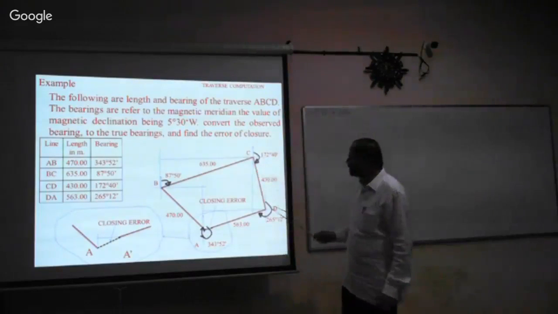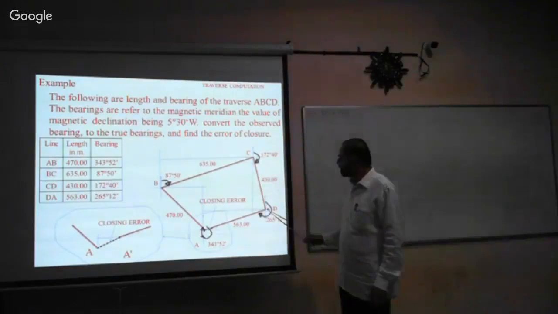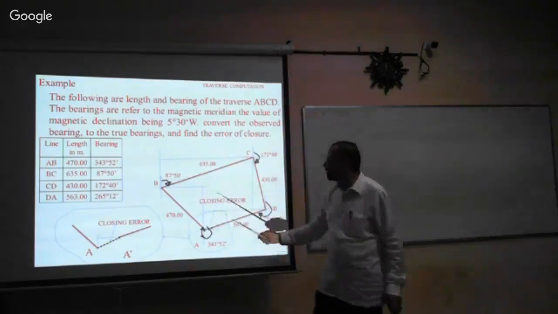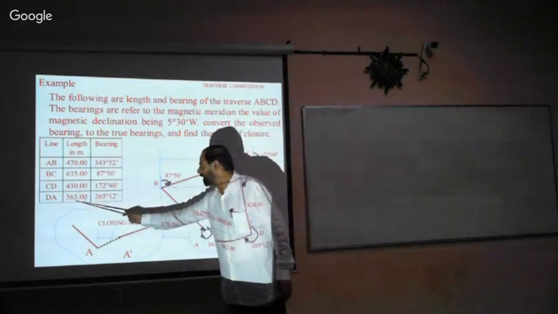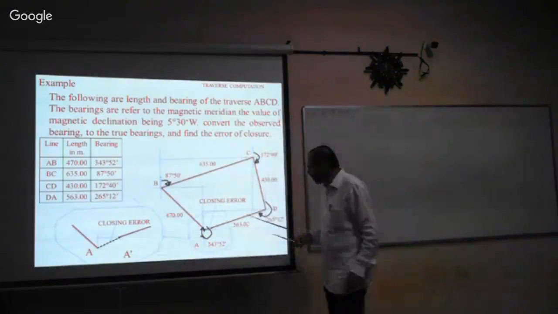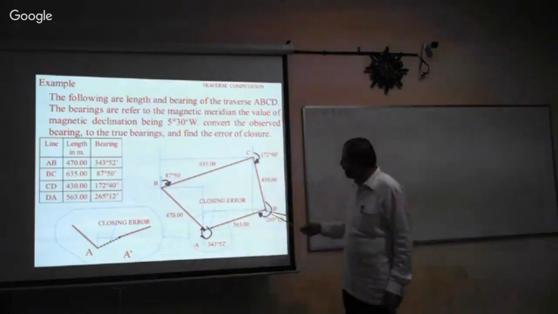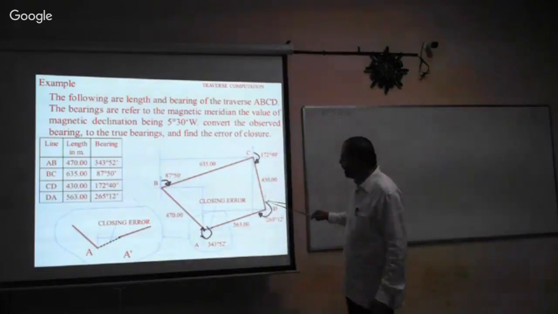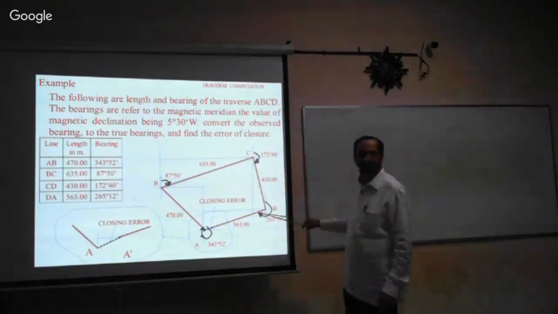Similarly, the fourth line is DA, which is given as 563 meters and 265 degrees 12 minutes. If you look at this figure, line DA is 265 degrees from north.